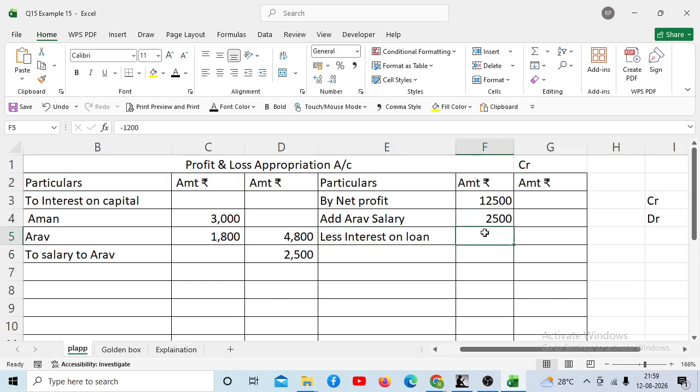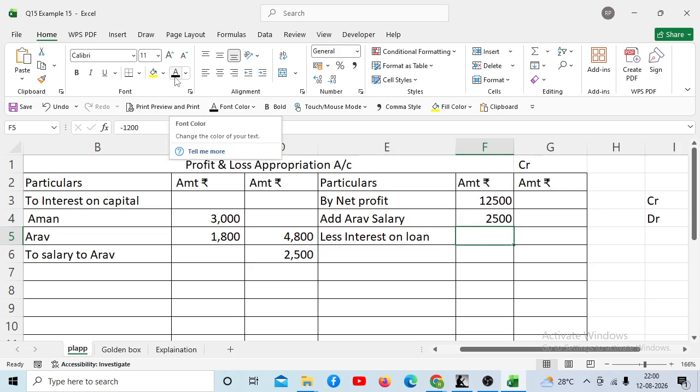Calculate 6% on 15,000. How much will it come? 900.